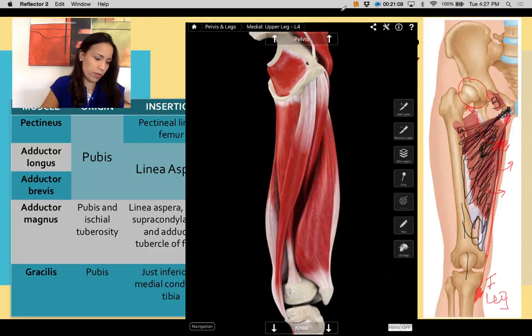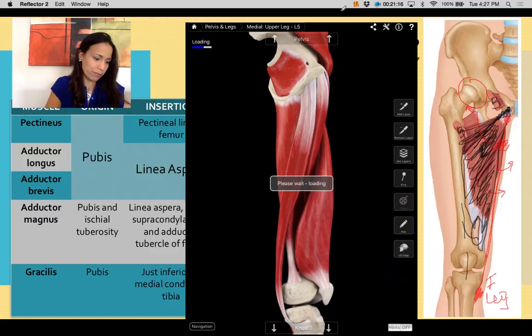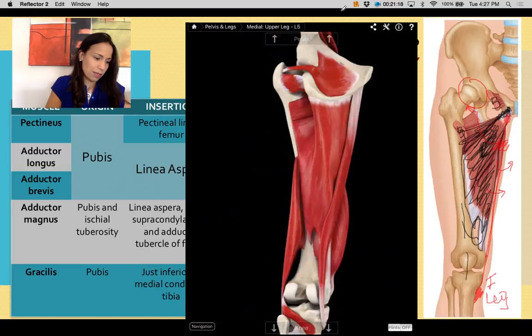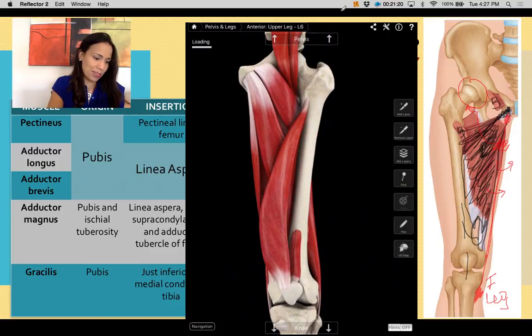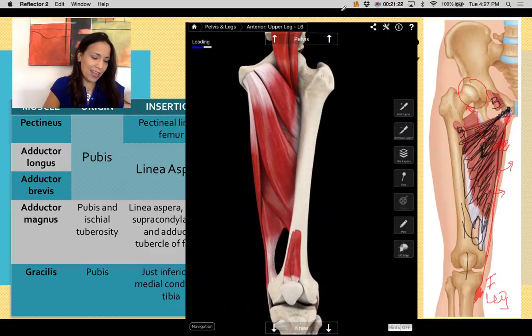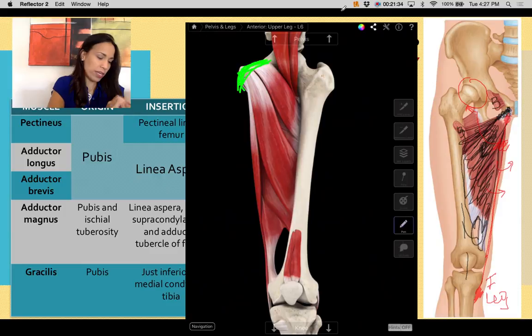Let me turn it around so you can see it's gracilis. Okay, look at magnus. This is the pubic bone, all of this. So see that they are all originating here.